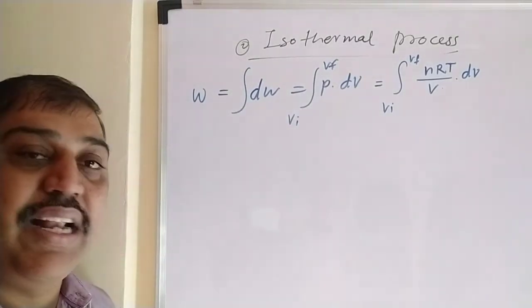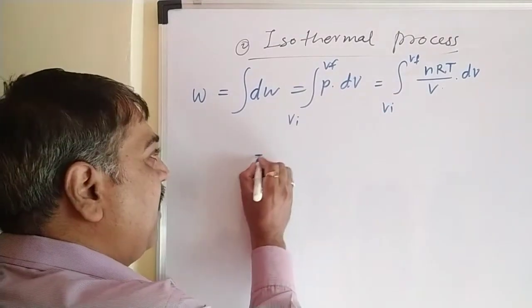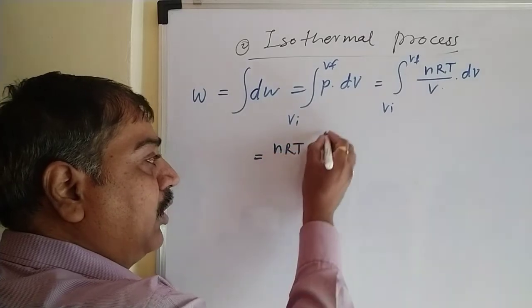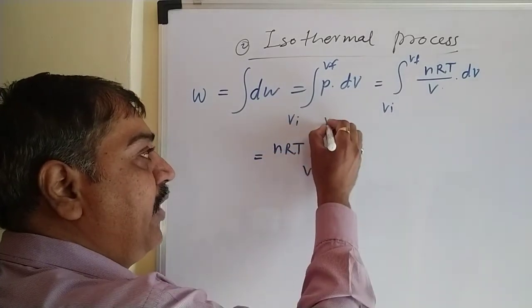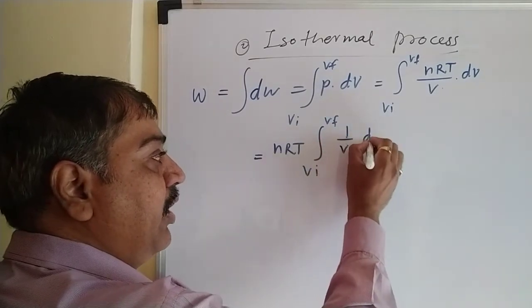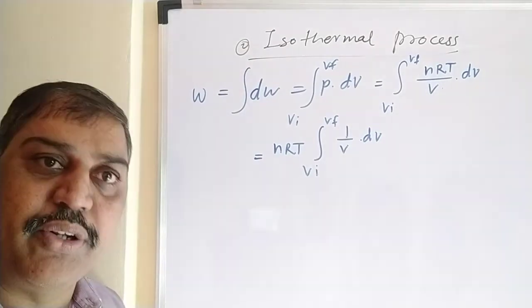Now in this case, nRT are constant, so we can take them outside. So the same equation can be written as nRT constant. The integration varies from Vi to Vf, 1 divided by V into dV. Those who have mathematics are well aware of this. What is the integration of 1 by V?